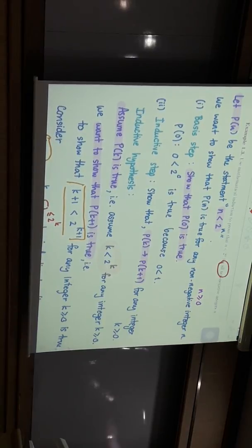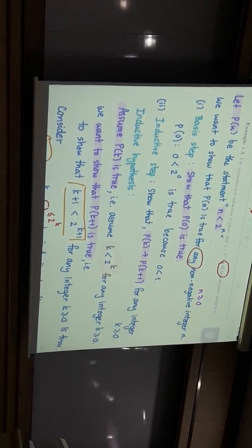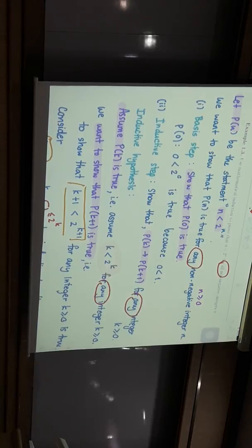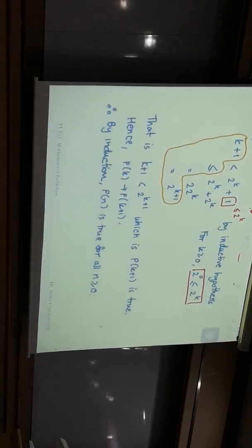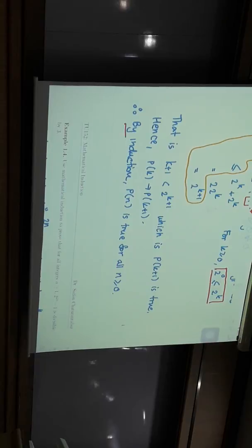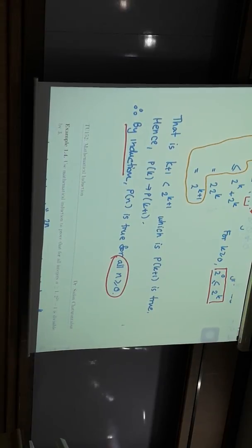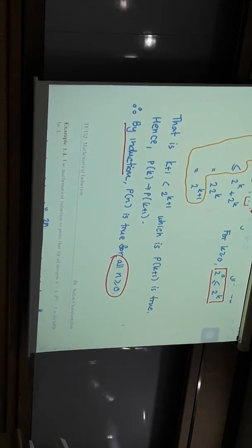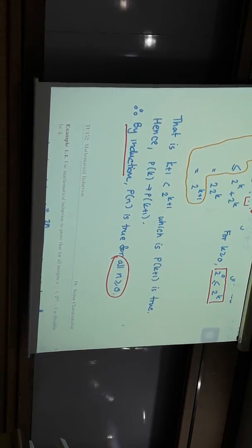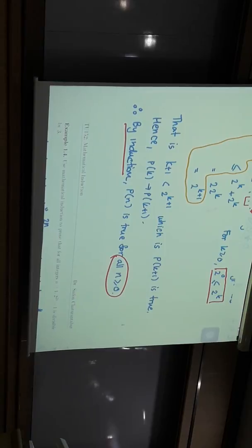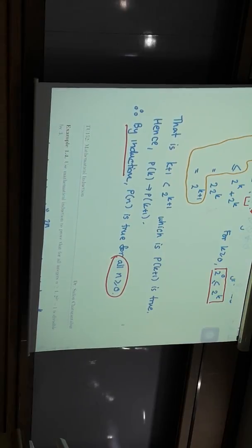We want to prove for all, but when we do the induction, we use for any. And you see that at the end, by induction, it's true for all. Make sense? Okay. It doesn't mean that you can put all or any at any time. Because by the theory, it has to be for any k.